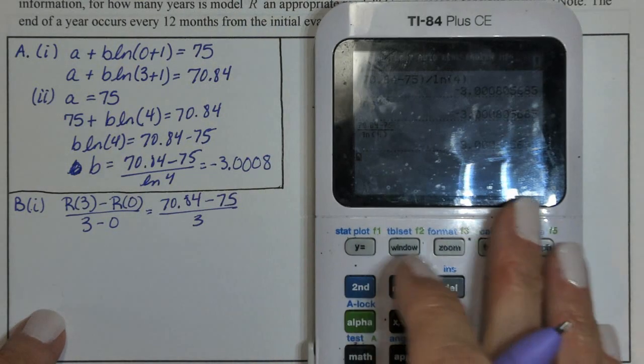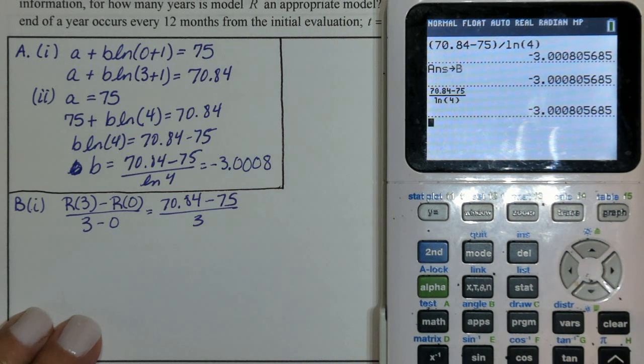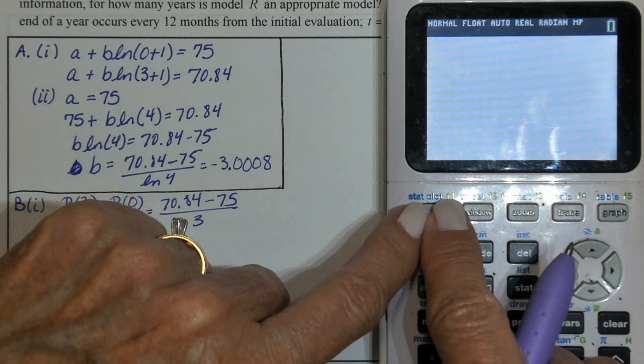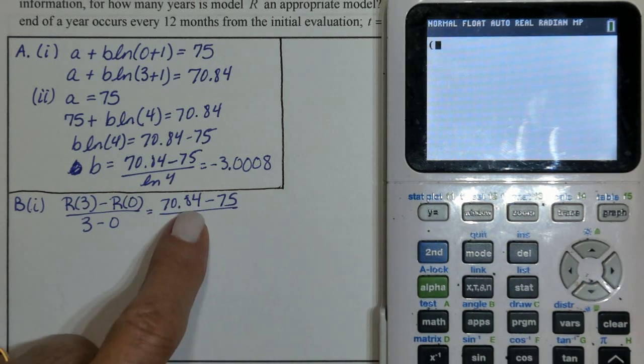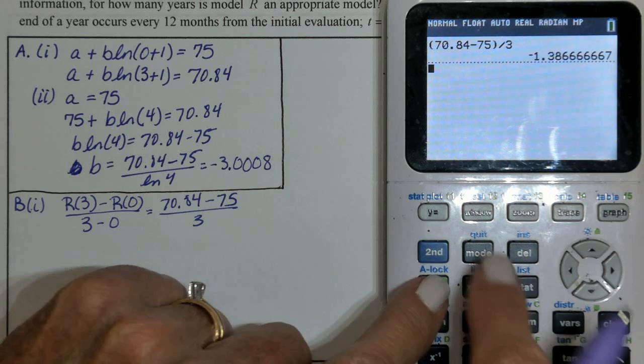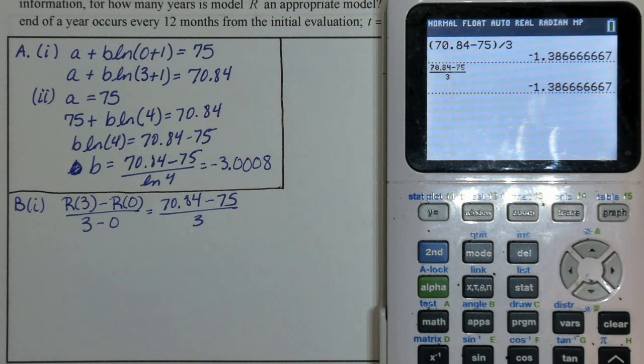Okay, back to our calculator because we need to get a decimal approximation. You can use the fraction template or you can use parentheses around the numerator, either one. I almost always just use parentheses, but you're welcome to use the fraction template if you prefer. Of course, you get the same answer regardless.